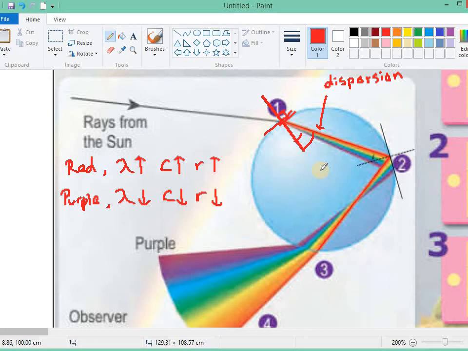So different color with different wavelength have different angle of refraction when go into the water. Some red bend a little bit, and then orange color bend more than red, yellow bend more than orange, green bend more than yellow, light blue bend more than green, dark blue bend more than light blue, and purple bend the most.